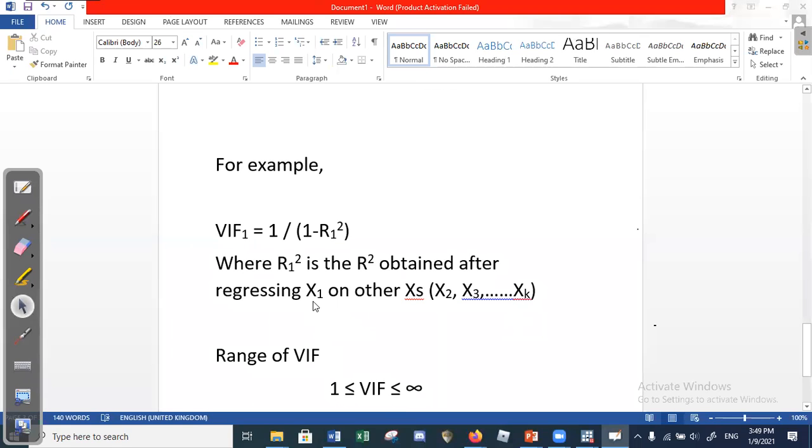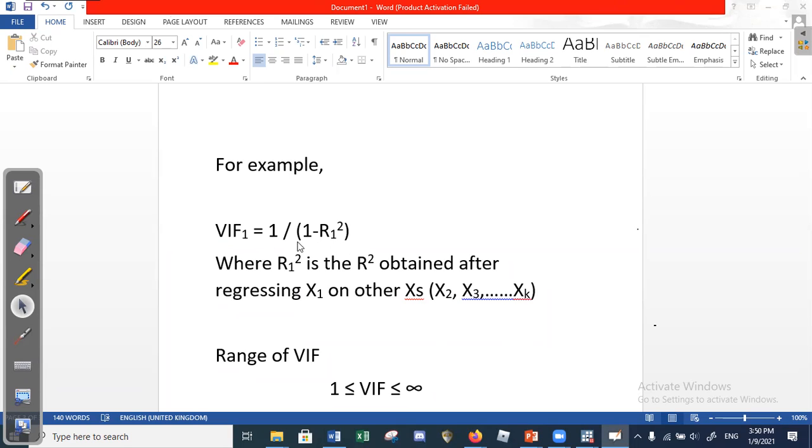If you treat x1, which is basically an explanatory variable, temporarily as a dependent variable, and you fit a model in which you study the dependence of x1 on all other explanatory variables, this is what we call auxiliary regression, right? And the R square obtained from the regression of x1 on all other x variables will be denoted by R1 square.